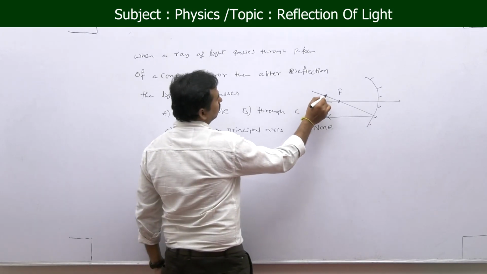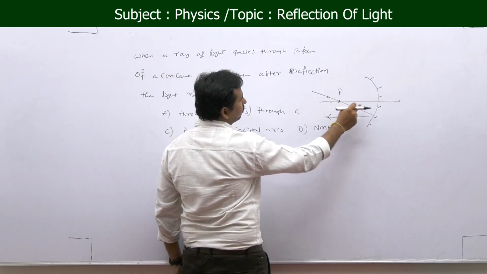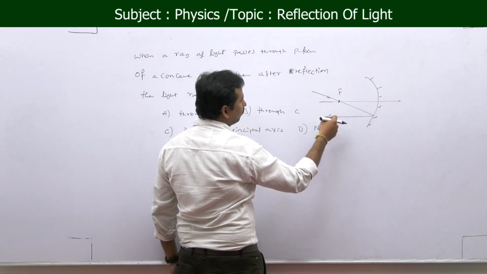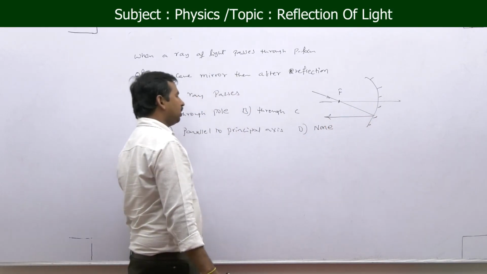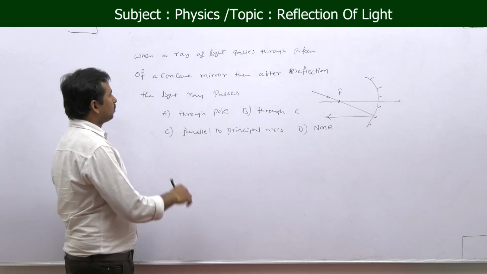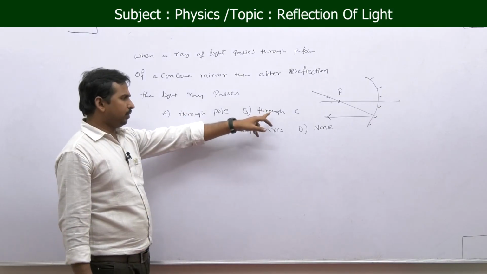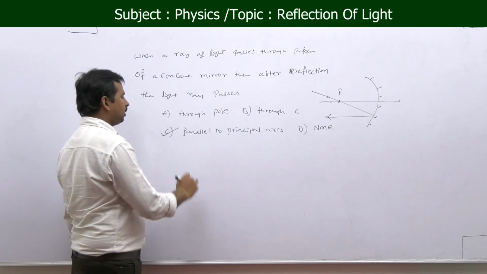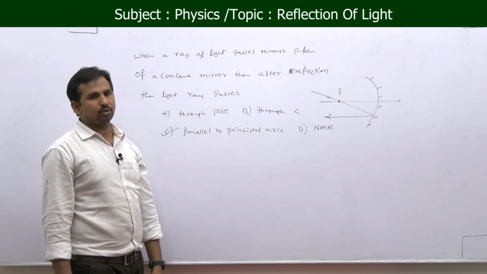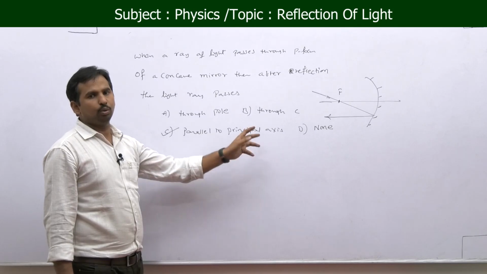So in the given options, not the path through the pole, not through C, and option C, parallel to the principal axis, is correct. Following rule 2, that is.